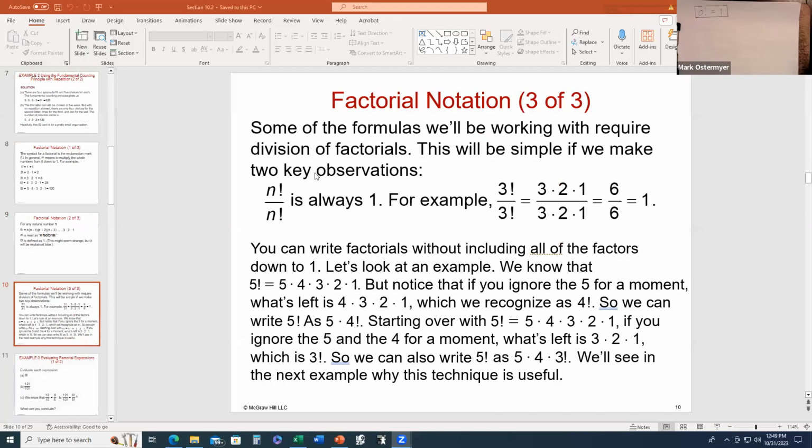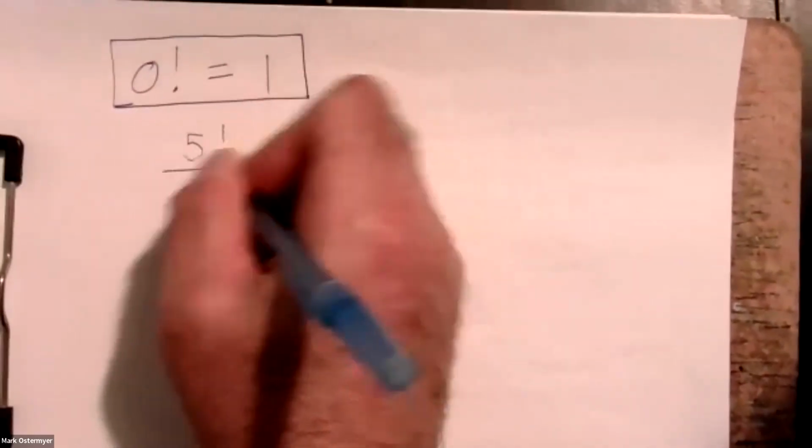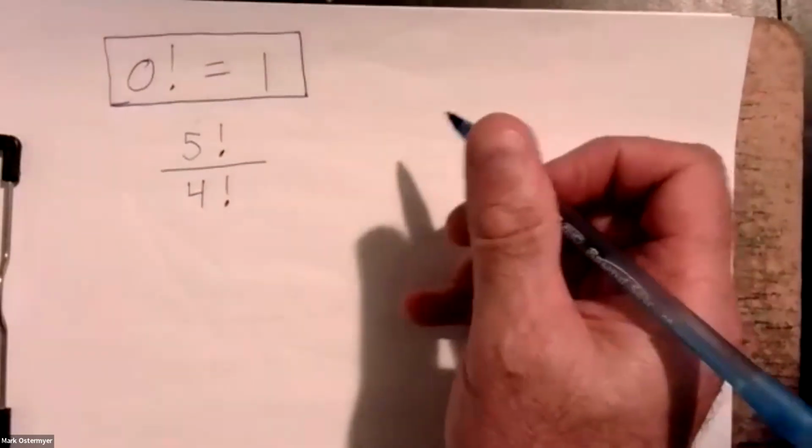All right. Some of the formulas we'll be working with require division of factorials. This will be more simply done if we think of the factorial more robustly. For instance, if I have 5 factorial divided by 4 factorial, what would this simplify to?